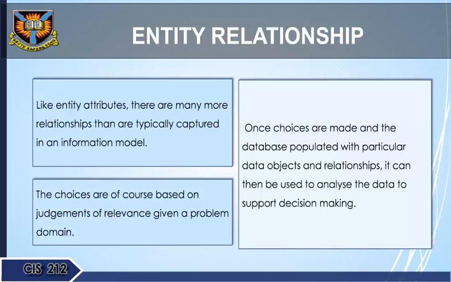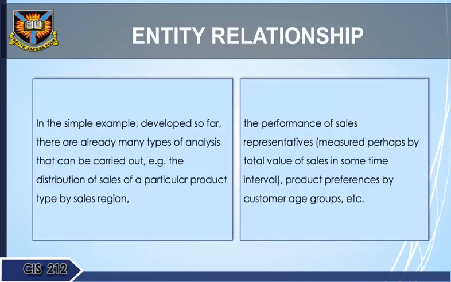Once choices are made and the database populated with particular data objects and relationships, it can then be used to analyze the data to support decision making. In the simple example developed so far, there are already many types of analysis that can be carried out. For example, the distribution of sales of a particular product type by sales region, the performance of sales representatives, measured perhaps by total value of sales in some time interval, product preferences by customer, age groups, and so on.